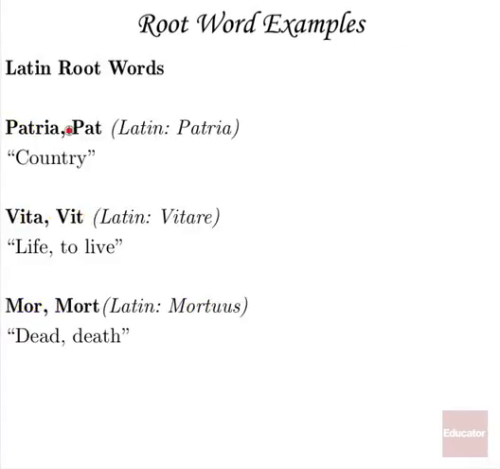Here are some more. Patria or pat comes from the word patria, which just means country. Vit and vita, vitare, means life or to live. And then we can't have that without the word for dead or death, mortuus.